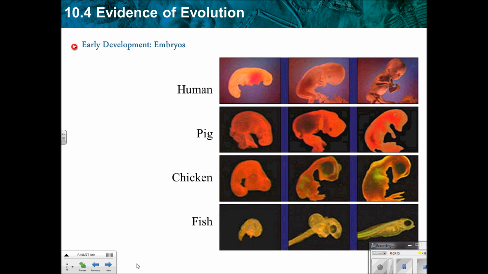The backbone, the spine, they're all vertebrates. Now, 2 of the vertebrates are pretty closely related. Which ones? The pig and the human and the pig are both what? Mammals.